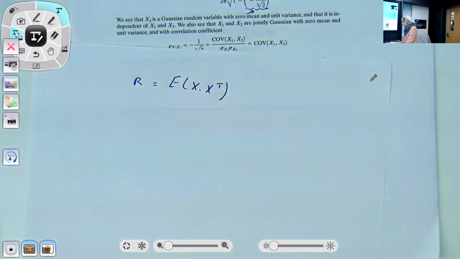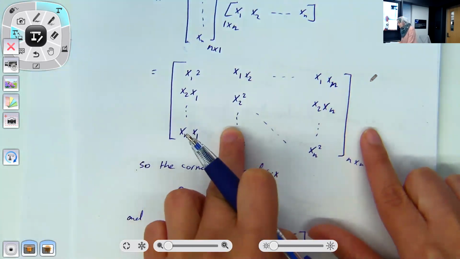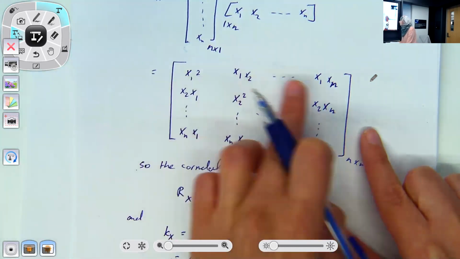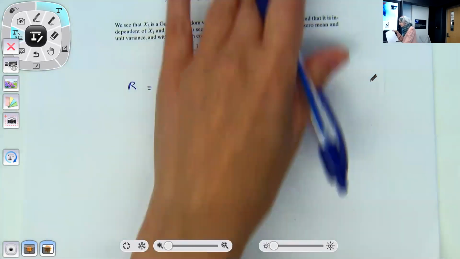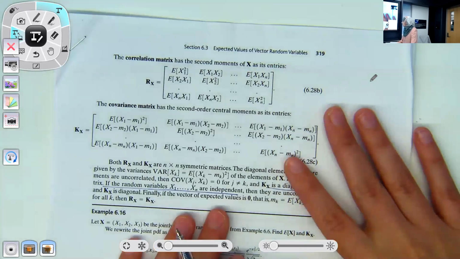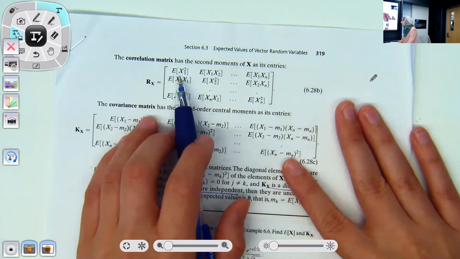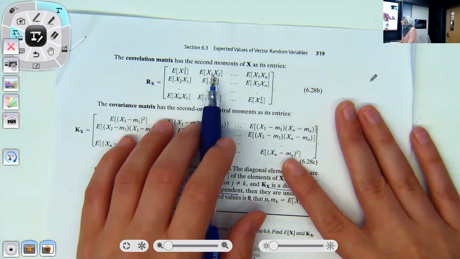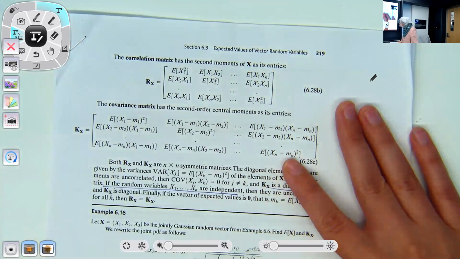Why do we need to find that? If you look here, it is similar to matrix R, we just need to take the expected value of each entry. The matrix R is the same as X times X transpose, just taking the expected value of each entry.